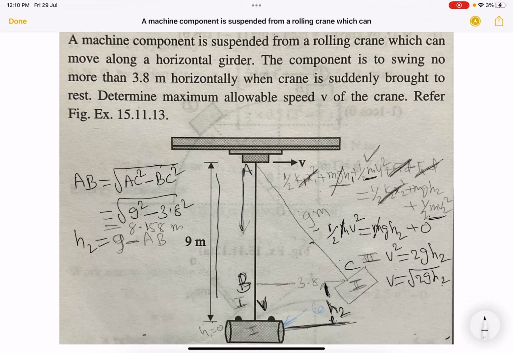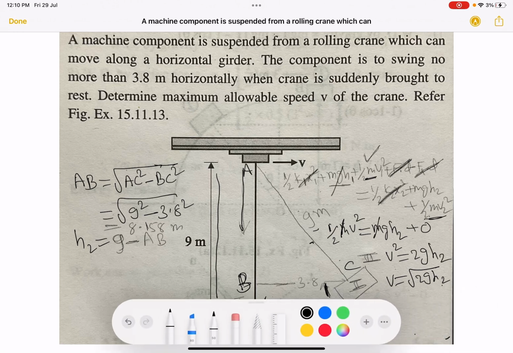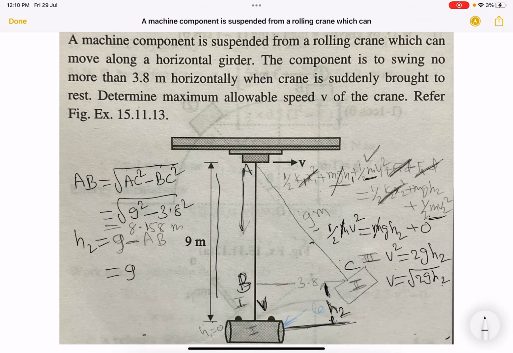Now we can find out h2, which is equal to 9 minus 8.158.